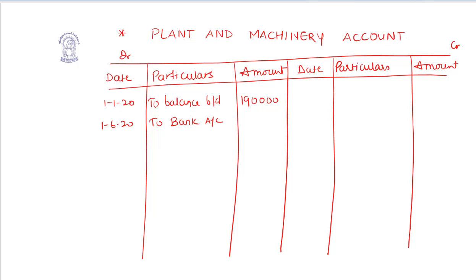On 1st June 2020, new machinery is purchased for 28,000 and erection charges of 892 are included. That leads to 28892.